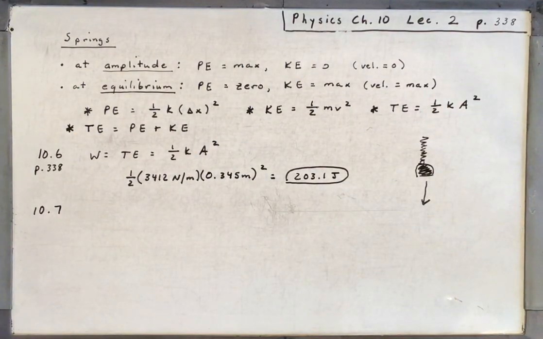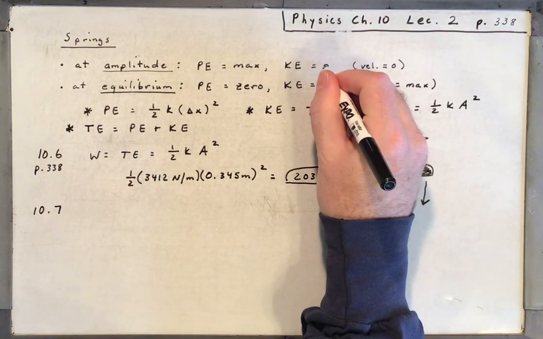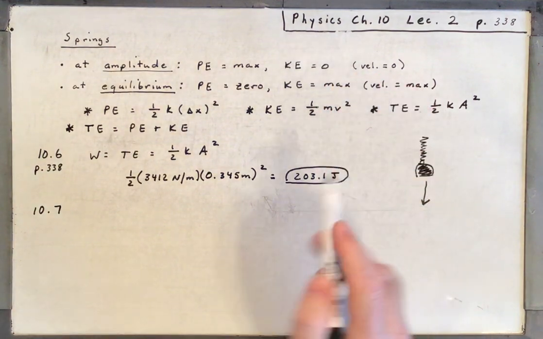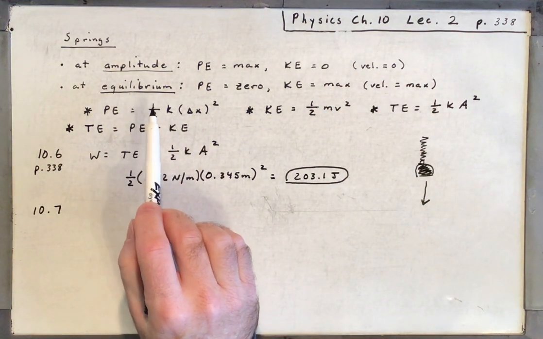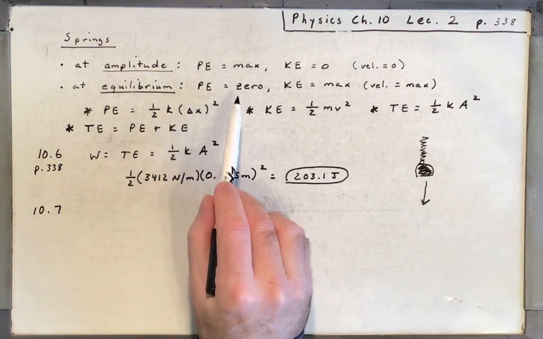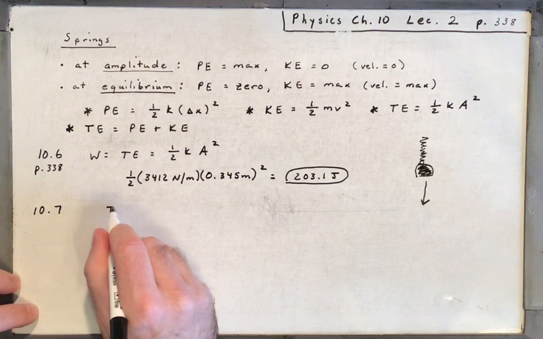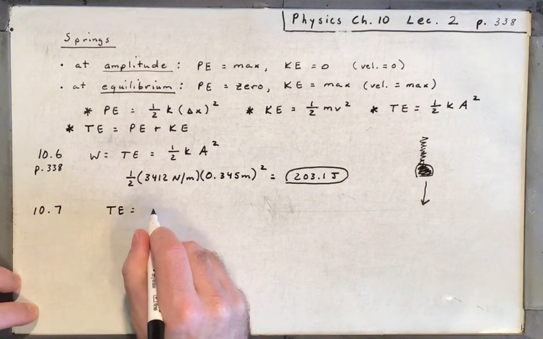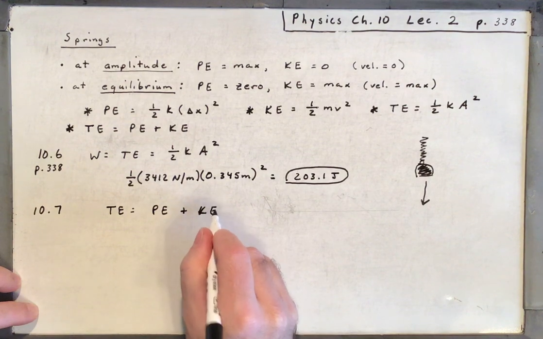All right, so in this problem, we are at maximum speed. They've given us the maximum speed. That means that we are at equilibrium. So if we have our energy equation, total energy is equal to potential energy plus kinetic energy.